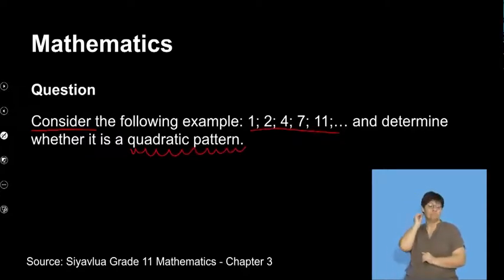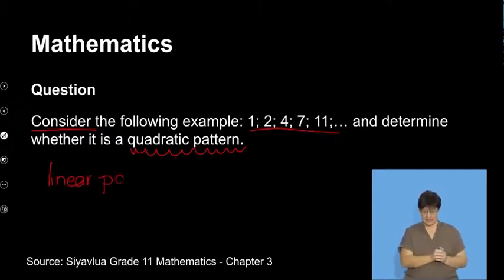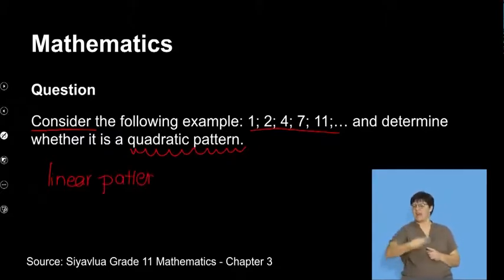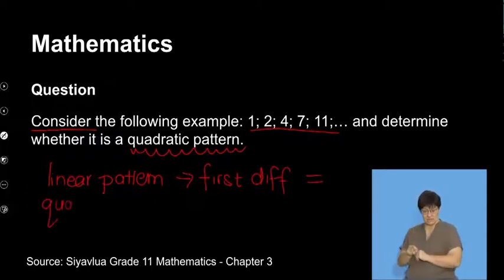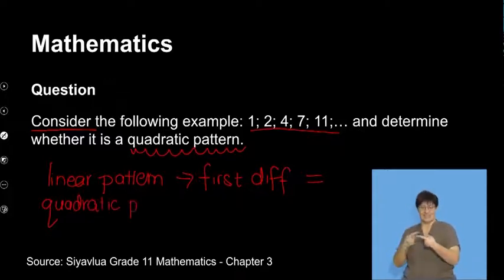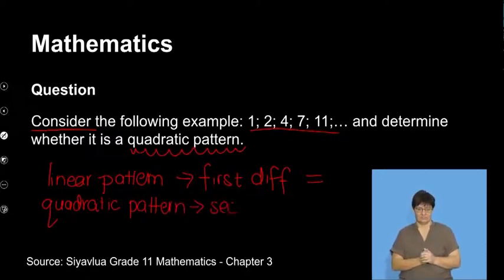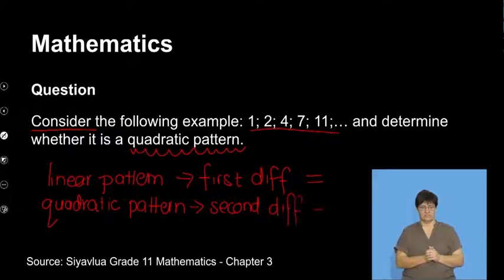Just a reminder, a linear pattern, I'm going to say this a few times, everyone, just to make sure everyone understands: the first differences are equal. A quadratic pattern, we have the second differences equal.